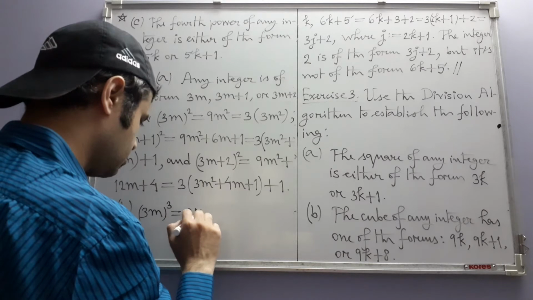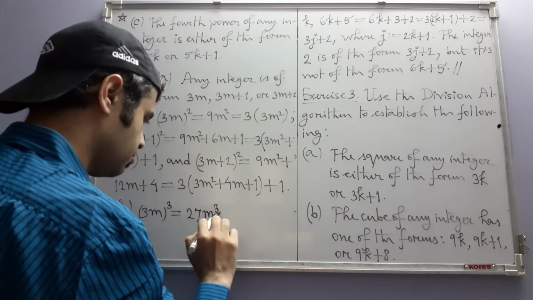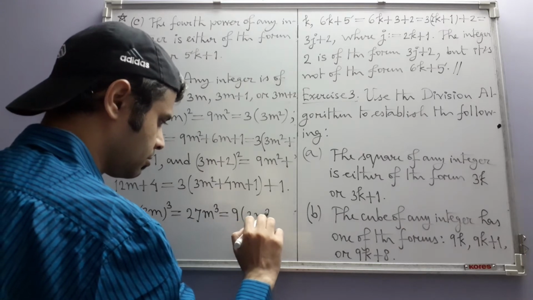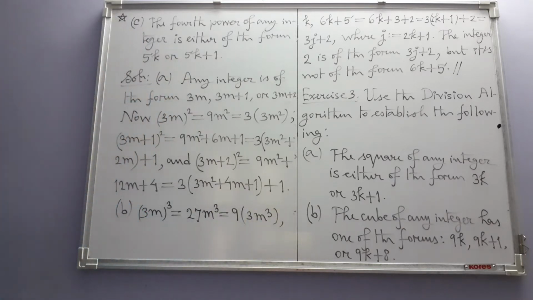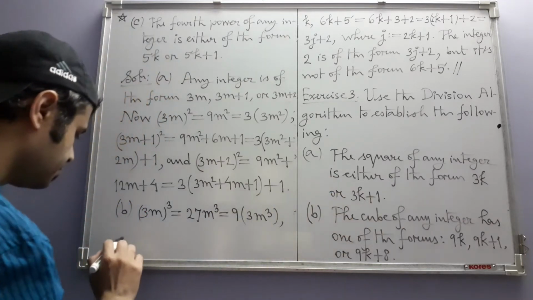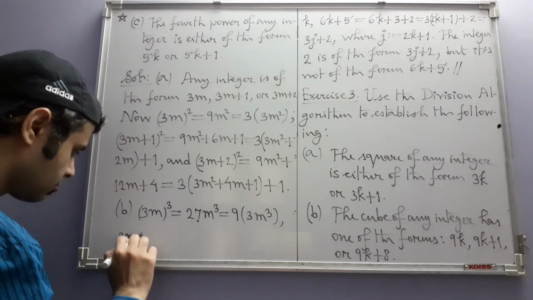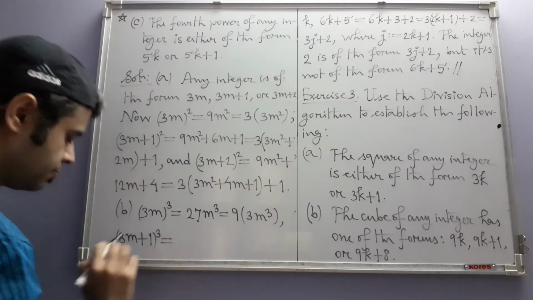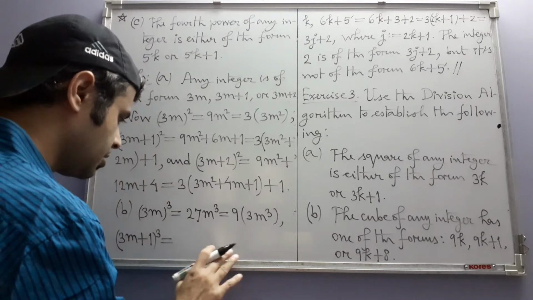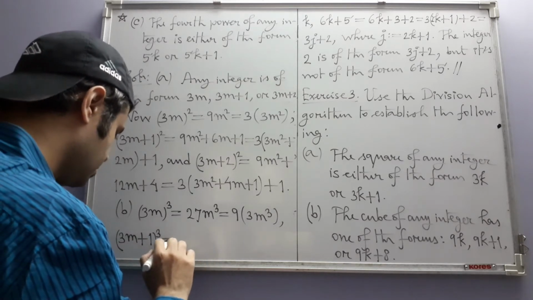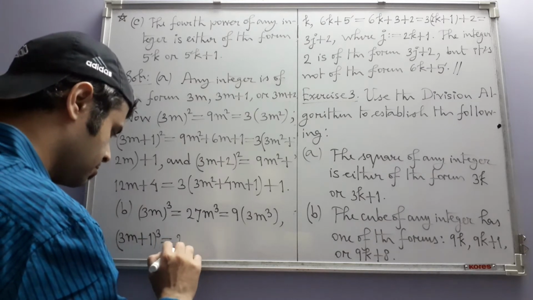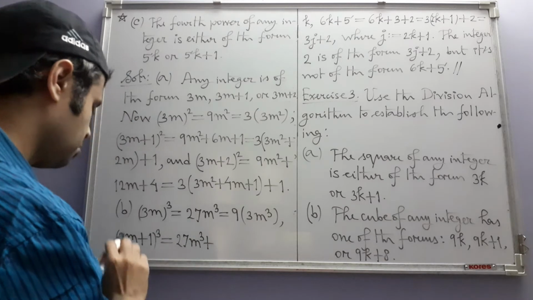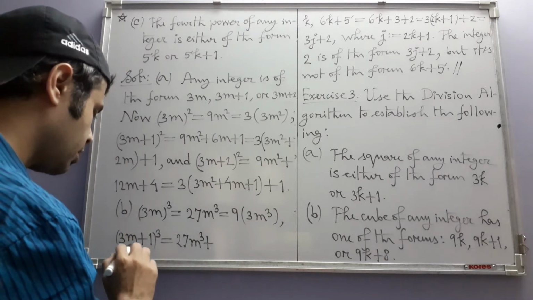So this is 27m cube, which of course is 9 times 3m cube. So it's of the form 9k. Then 3m plus 1 whole cube. So I have to expand it carefully. a cube plus 3a square b.